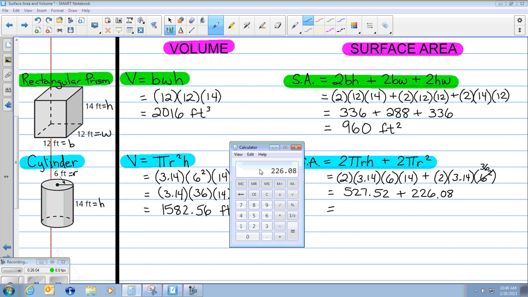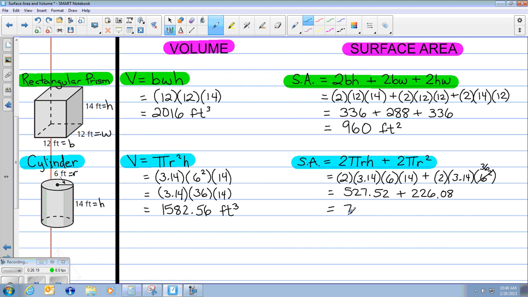My calculator already has that on there, so I'm going to leave that and just add 527.52. Double check that I typed it in right. Yep. 753.6. And this is in feet. And remember, we're talking about area, so it's feet squared.